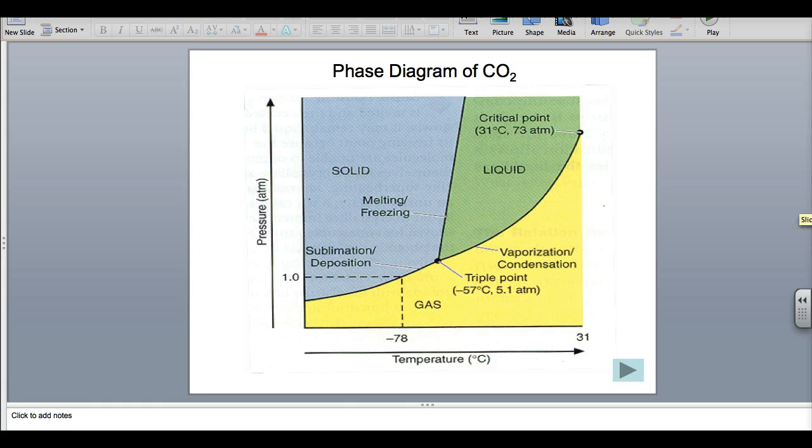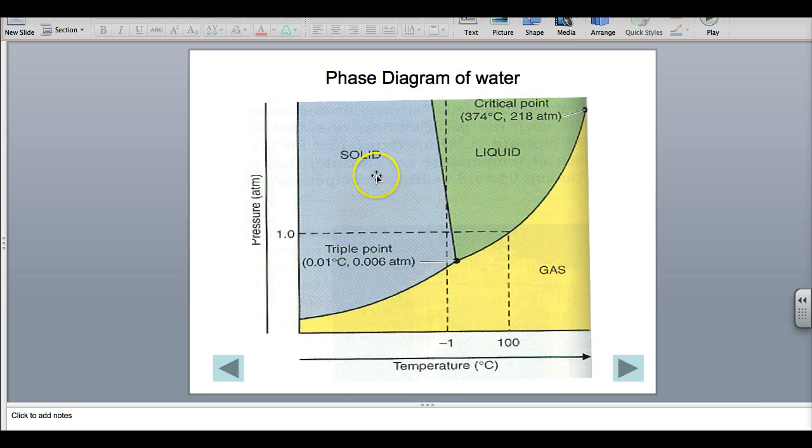But water, because of its unique crystalline structure that has spaces in it, because of H bonding, we noticed that if we were to extend this line, at some point liquid is favored. Now, there's something unique about water. If I'm solid ice right here, and I was to increase the pressure, it would become a liquid because this line bends this way.